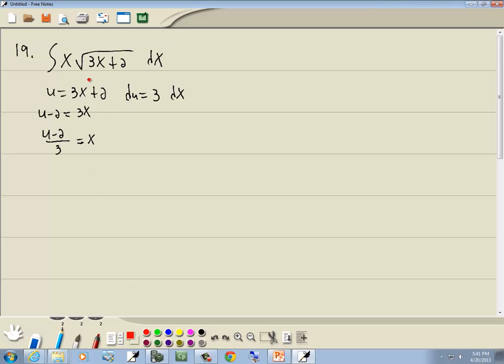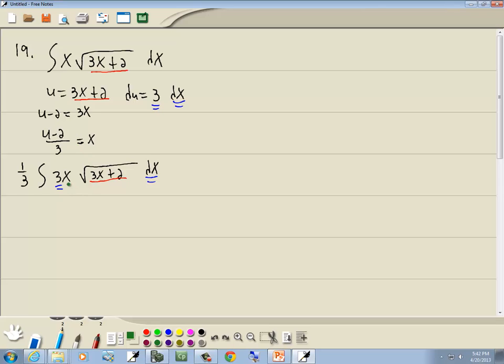So now, this 3x plus 2 matches that. We need the 3. Okay, well, we'll put a 1/3 out in front and put a 3 inside. So that matches there. du is 3 dx, so 3 dx matches.